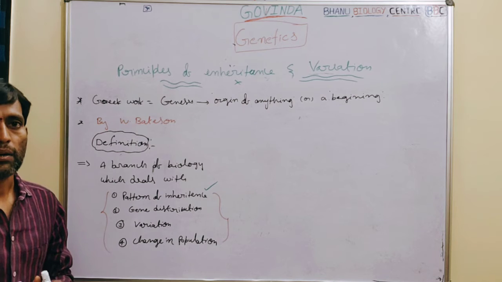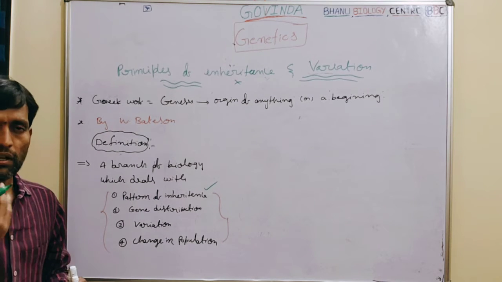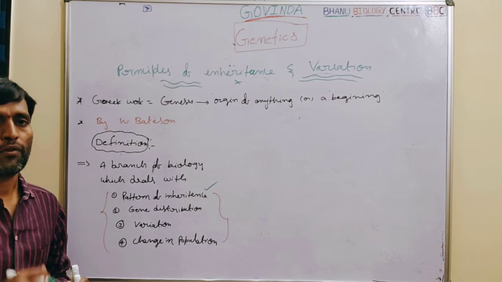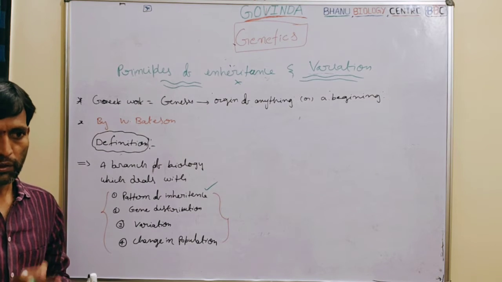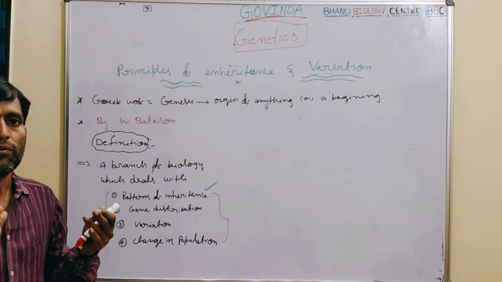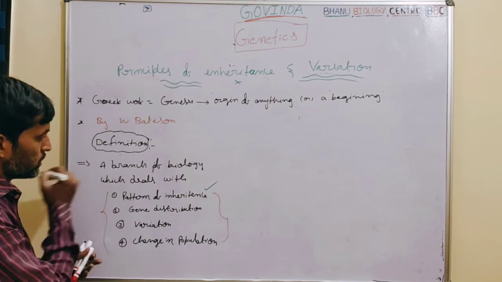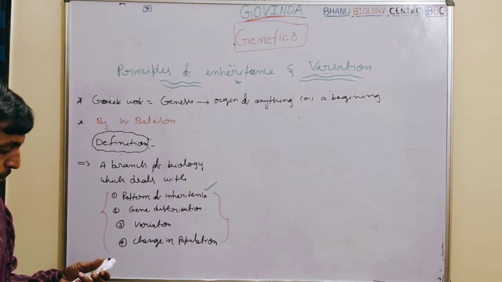Over the period of time, a lot of changes had been occurring in the human population. How was the first man? Then how is the man at present? Between these two generations, a lot of differences occurred. So this genetics mainly deals with these four areas.